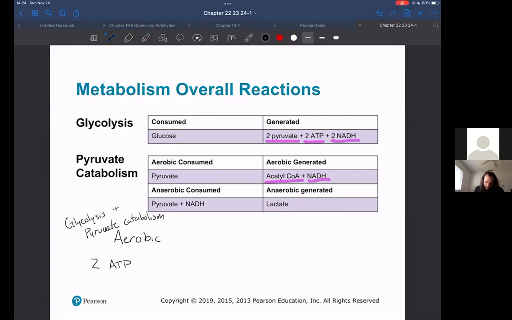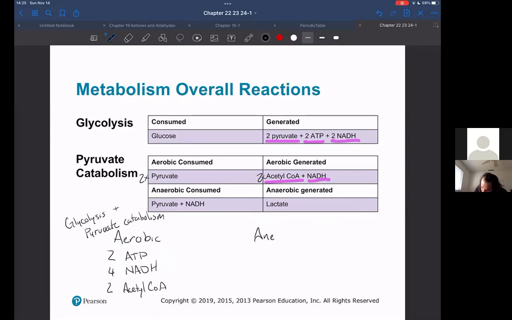We would get 4 NADH, right? And that's because we actually got 2 pyruvates out of it. So we'll get 2 of each of these products. So that would lead to a total of 4 NADH. And we have 2 acetyl-CoA, which we're going to see goes on to produce more energy through the citric acid cycle.